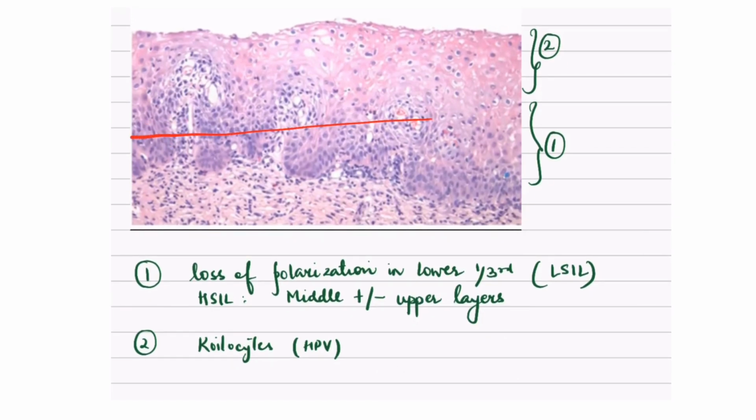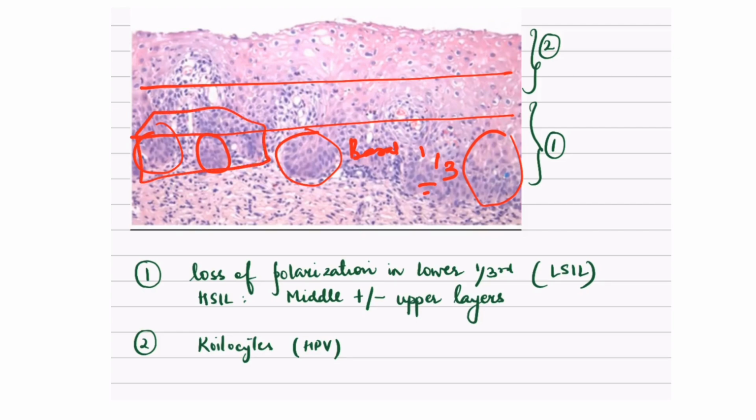Divide the whole squamous epithelium into three parts and see where the dysplasia is happening. Here I will say that 90% of it is happening in the basal layer. So the lower one third is affected with hyperchromasia, loss of polarization, and crowding. Yes, it's touching the middle one third, but not much.